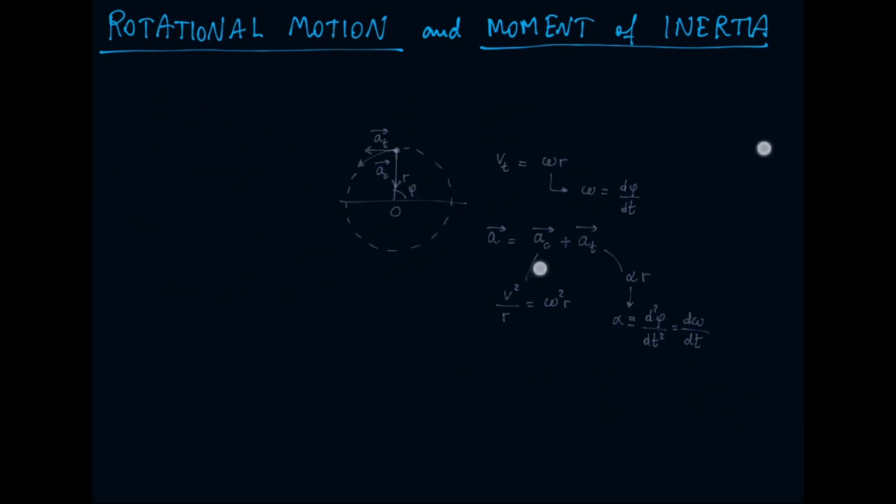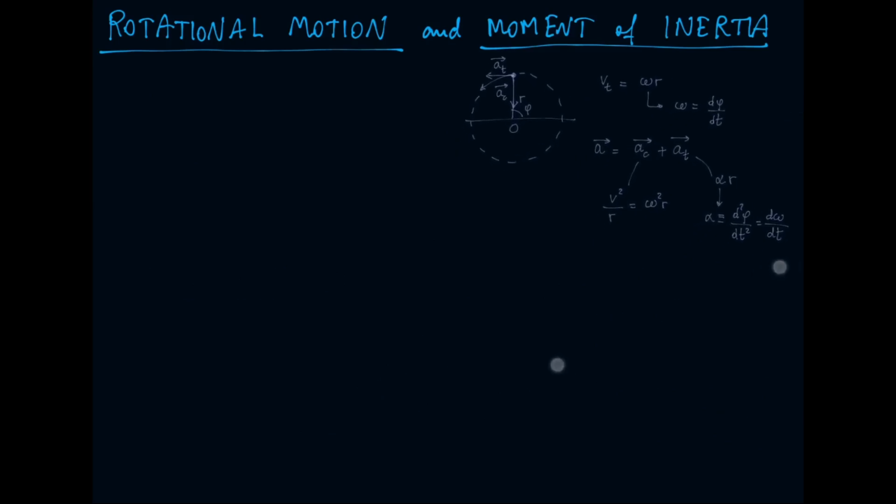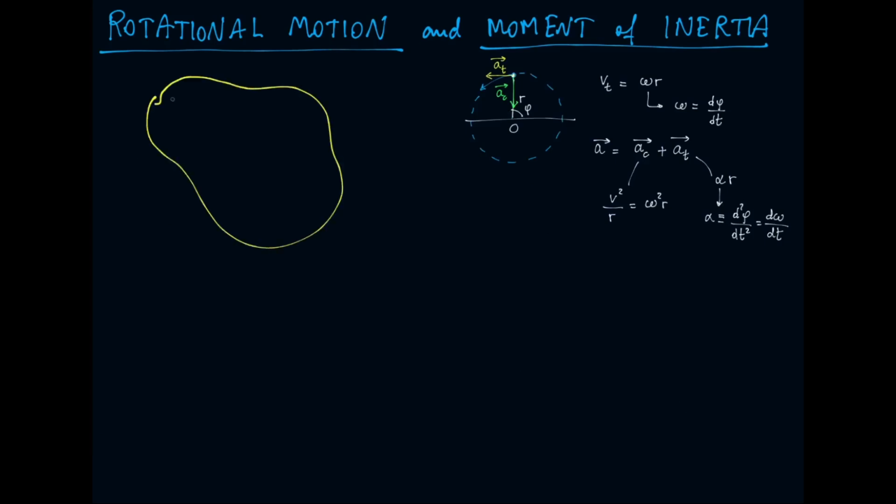Now, if we take all this and extend it to describe a physical object, let's say a little blob like this, that collectively is rotating around a certain pivot, so all of this thing is turning around, then each point will have a certain distance from the center, a certain physical velocity, but all at the same angular velocity.